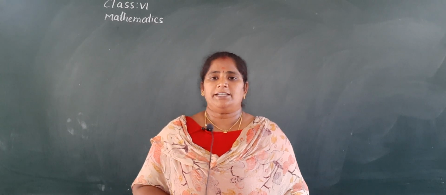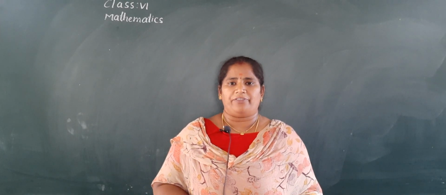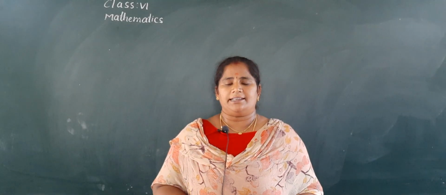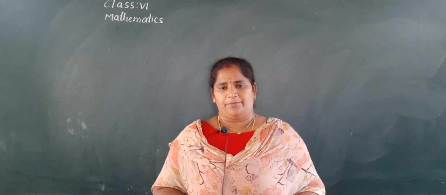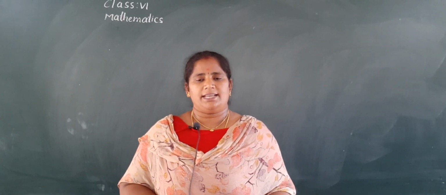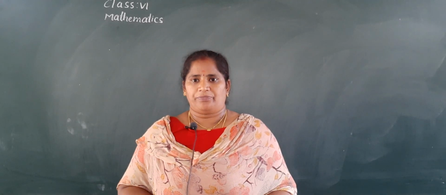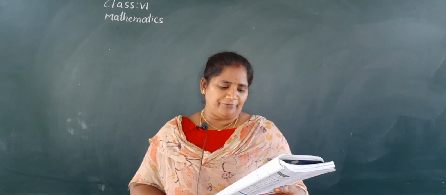Divisibility by 5: the numbers having 0 or 5 in the units place are divisible by 5. And divisibility by 10: the numbers having 0 in the ones place are divisible by 10.